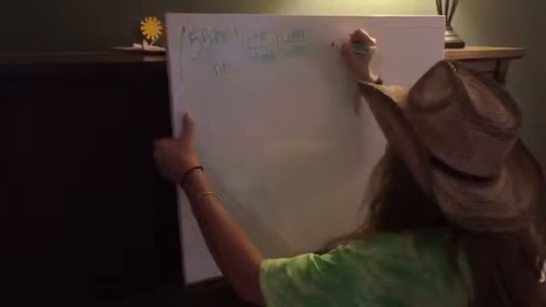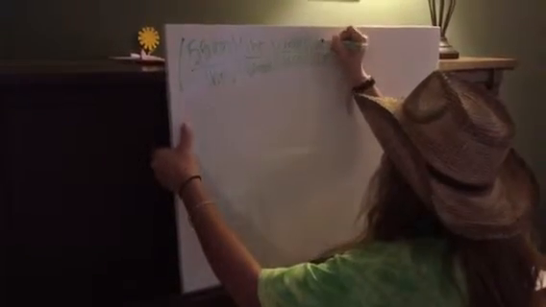So we found the seconds part. Now we're going to do 1 kilometer equals 1,000 meters. And so once you do that out, it's going to be 15.28 meters per second.